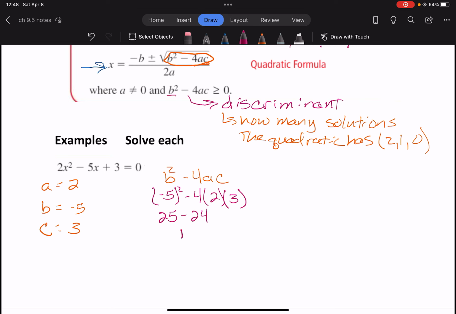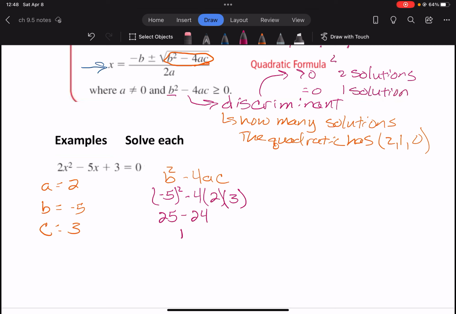Let me talk about the discriminant for just a second, and we'll work some more problems. If the discriminant is greater than 0, you have 2 solutions. If it equals 0, 1 solution.